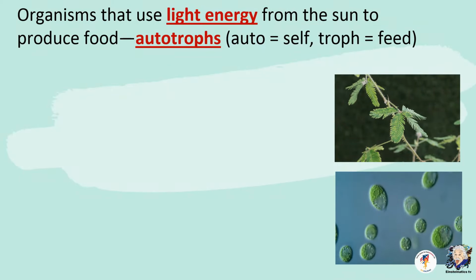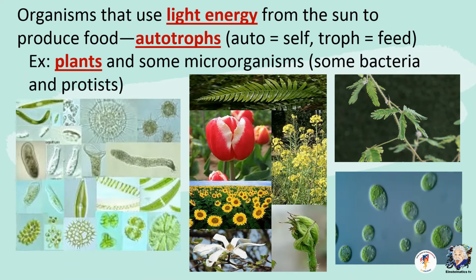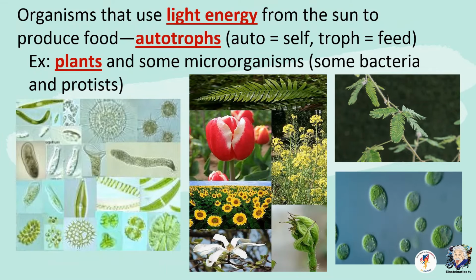Organisms that use light energy from the sun to produce food are known as autotrophs. Auto means self, and troph means to feed. Examples of autotrophs, or the producers, are plants and some microorganisms.